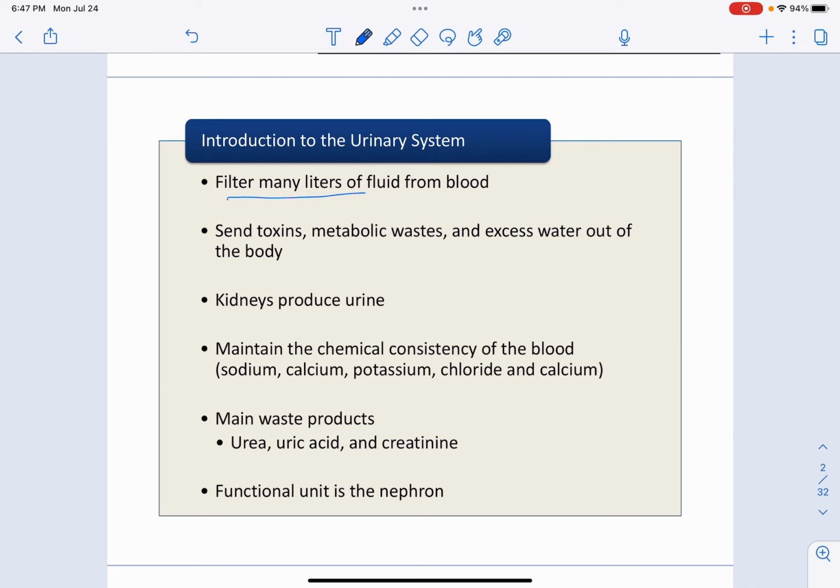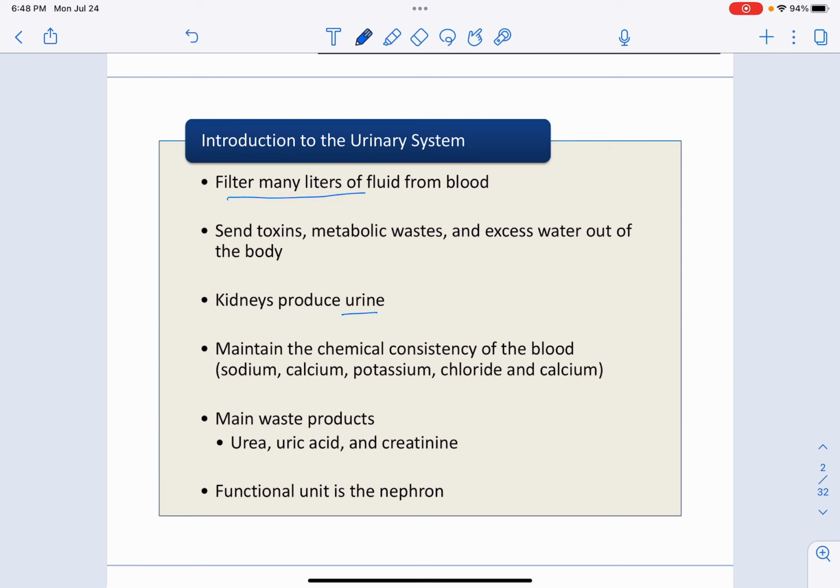And so what the kidneys are ultimately going to do is produce urine. And they are going to maintain the chemical consistency of the blood. So there's going to be a lot of movement of ions and small chemicals back and forth throughout the kidney. This is going to help maintain proper sodium levels, calcium, potassium, chloride.